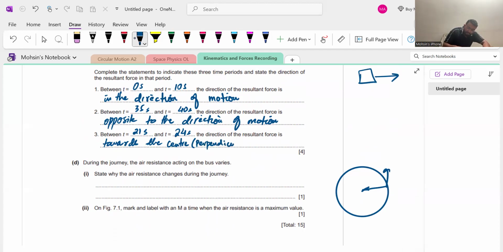This is also a way to write it. Perpendicular to motion, because while performing circular motion, at a particular instant, if the object is moving like this, the direction of motion is this, then the direction of force is towards the center and it makes an angle of 90 degrees. So these are both ways in which you can write it.